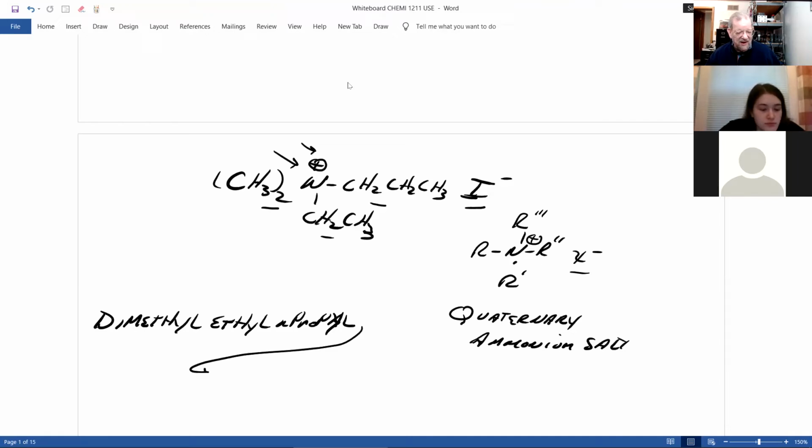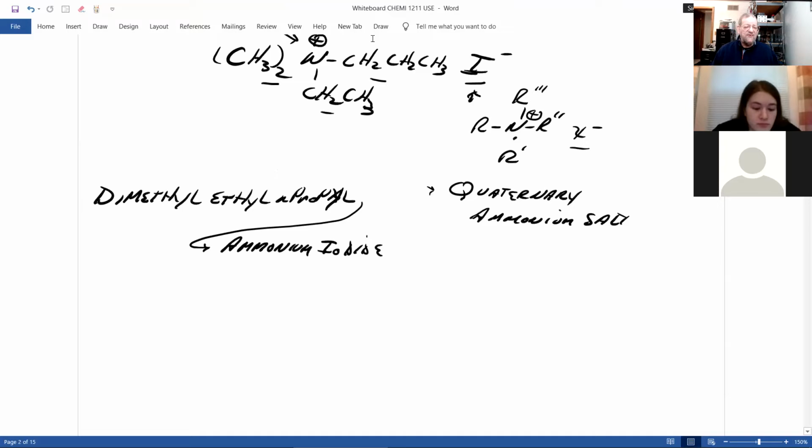And then I'm going to come down here because I'm running out of room. Ammonium. And here we have iodine, and we call the iodine iodide. And that's how you name quaternary ammonium salts.